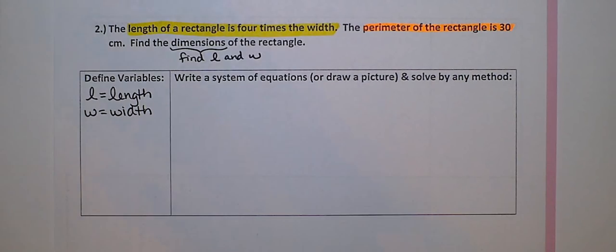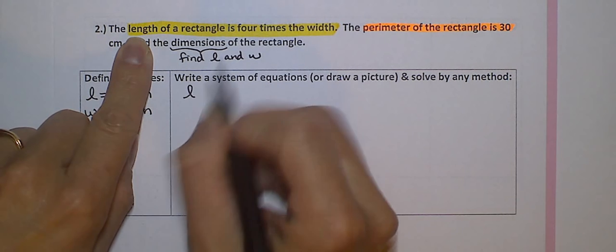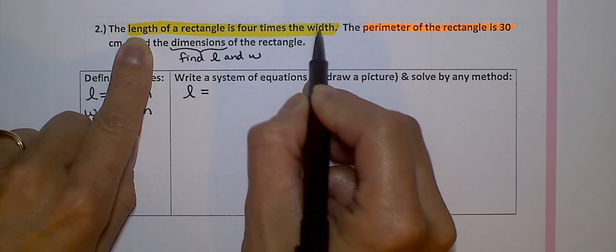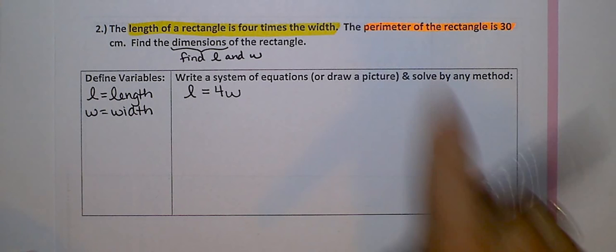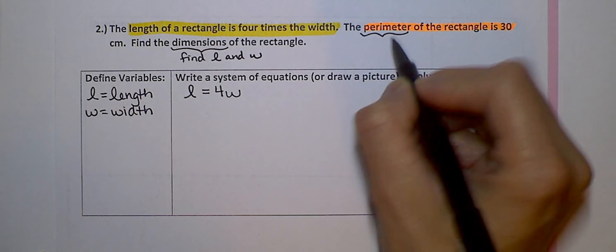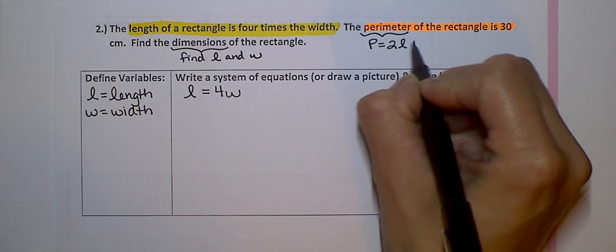So we know that this first sentence, the length is, means equals, is 4 times the width. So I just put 4W. The other equation right here, the perimeter of a rectangle. Now, in case you didn't remember, the perimeter of a rectangle is 2 times the length plus 2 times the width.